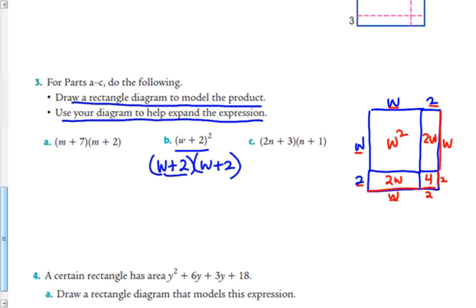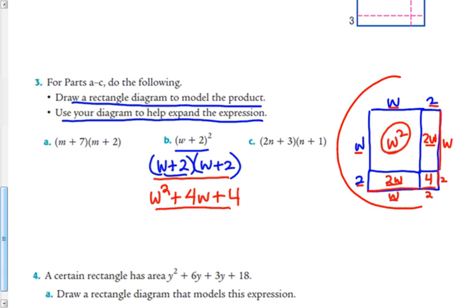So now I'm going to add these together. My w squared, and then I have 2w and 2w, those are like terms, so that's 4w. And then the little piece in the corner is 4 more that I need to add on. So this expression right here is equivalent to this expression, and we can see that by the rectangular model there.